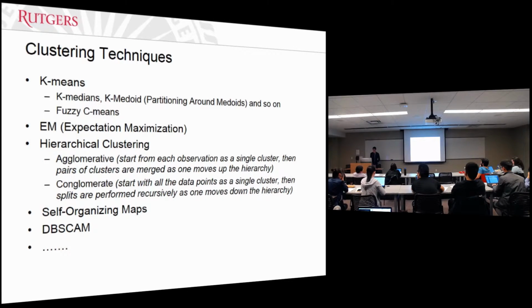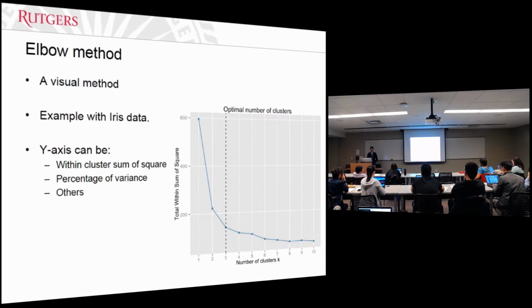So next, I would like to introduce some of the methods we can use to estimate the optimal number of clusters. So the first method is the elbow method. It is actually a visual method. I use the arrows as an example.